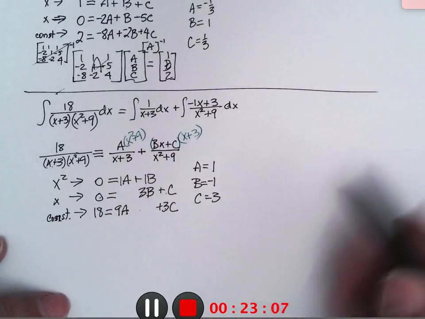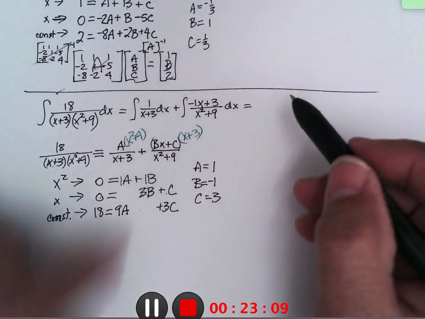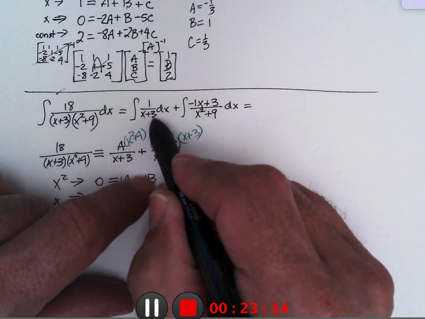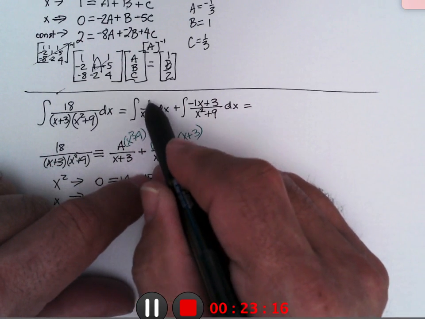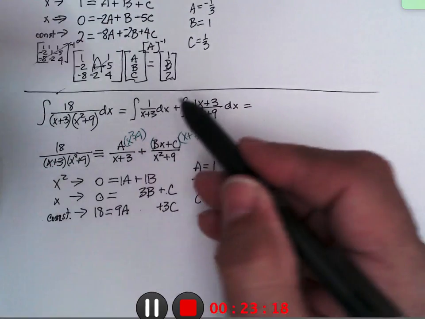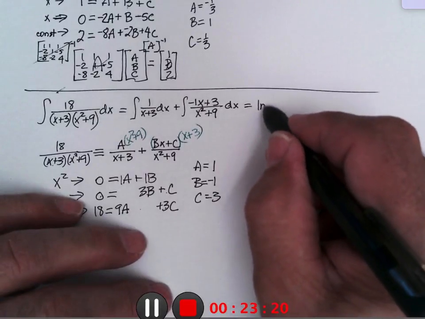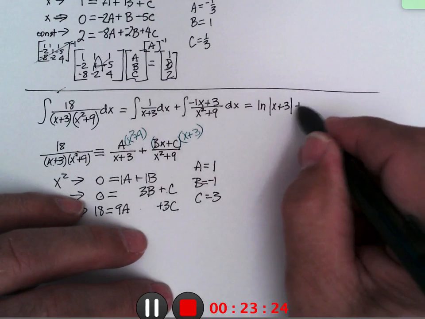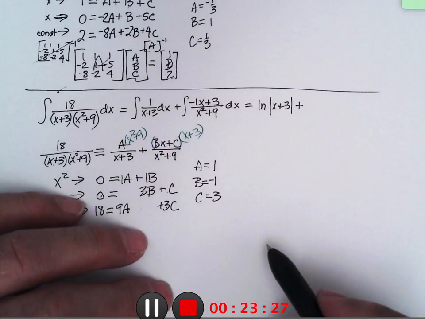Now this one is, if I let u be the x plus 3, du would be dx, and so I get 1 over u du. It's just ln of x plus 3. This one is not so nice.